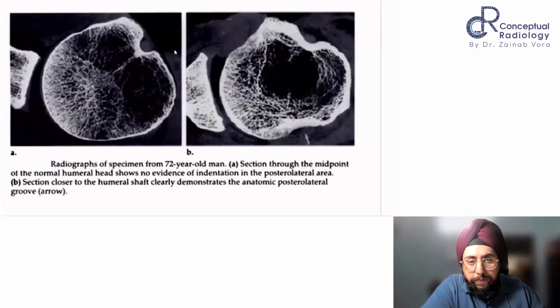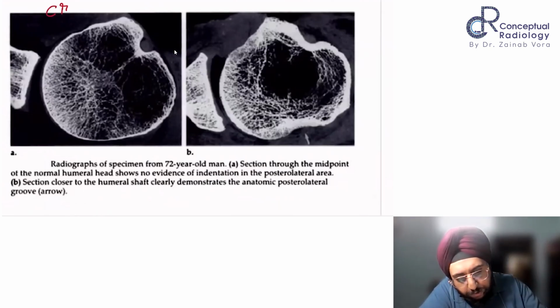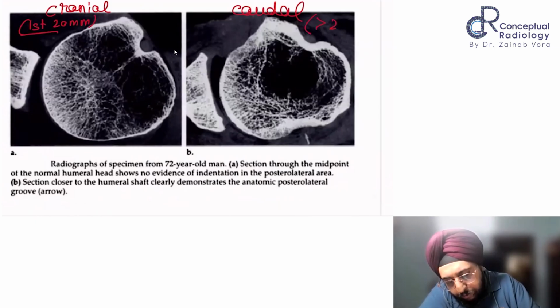So this is a very old radiograph. We see that this is a much more cranial section of the humeral head, and this is a much more caudal section of the humeral head. This is within the first 20 mm of the cephalic part of the humeral head, and this is after 20 mm.